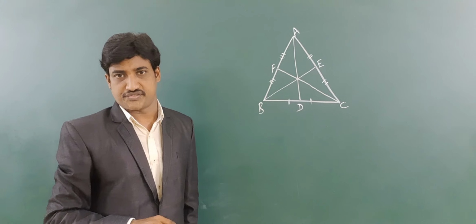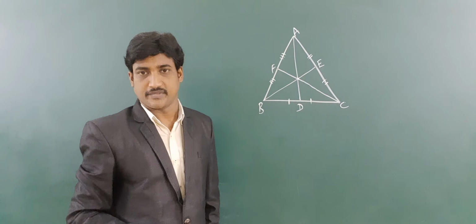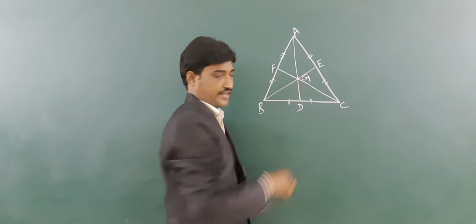Concurrence of medians in a triangle. The median's intersecting point is called centroid Z.